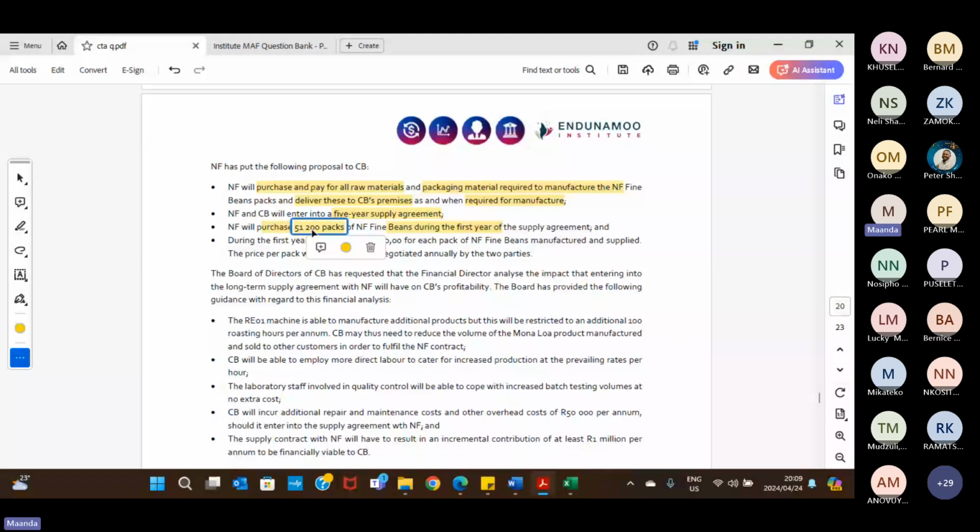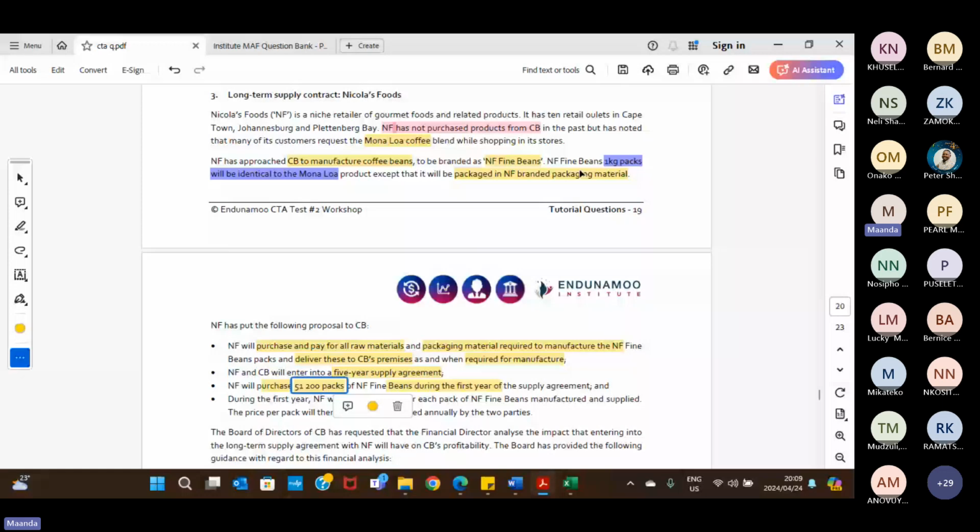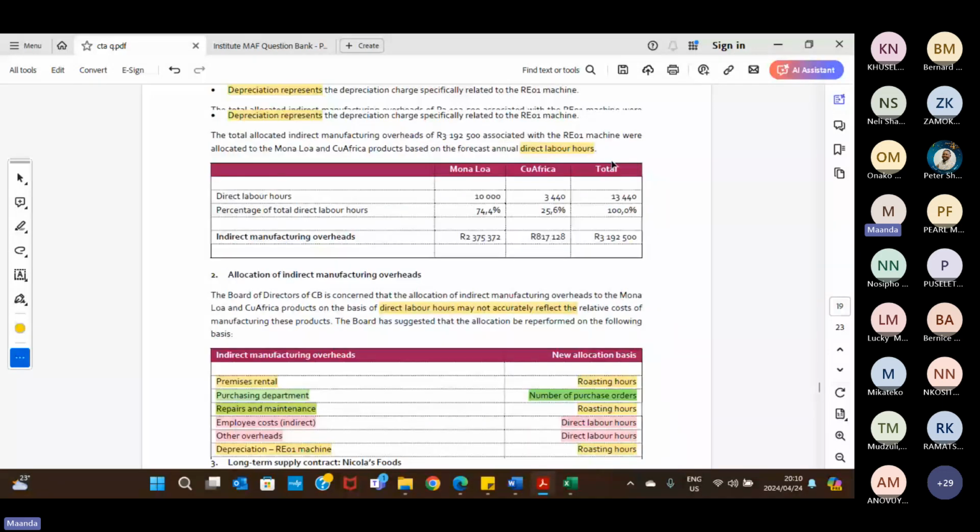You said you were going to answer me. The question is how many kg of this. Let me help you. NF will be 1 kg. Remember, we came back to say 1 unit is 1 kg.